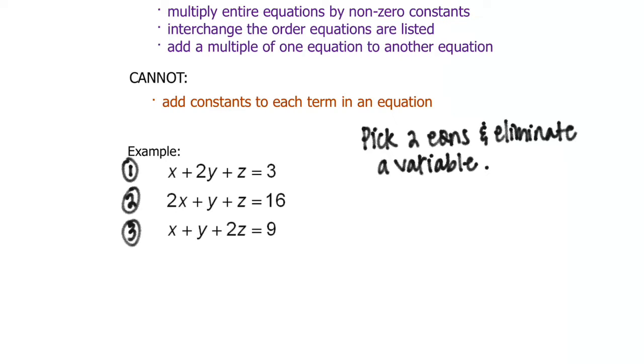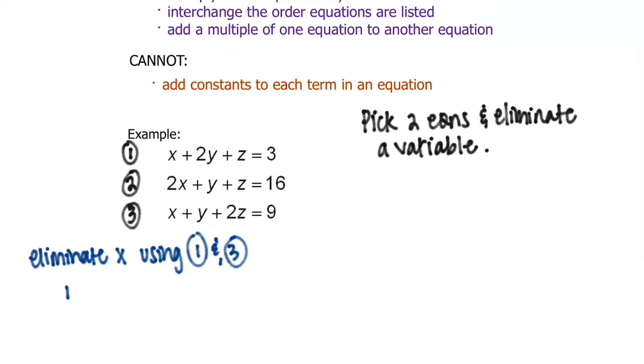So I'm going to pick equation, actually let me pick 1 and 3. I'm going to pick equation 1 and equation 3. And I'm going to choose to eliminate the x's, using equations 1 and 3.